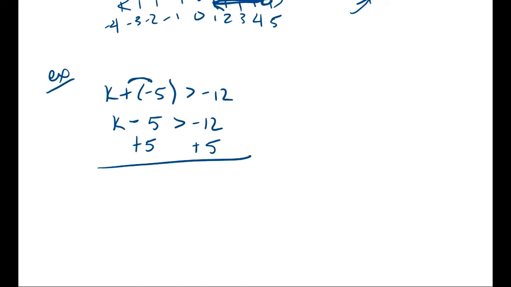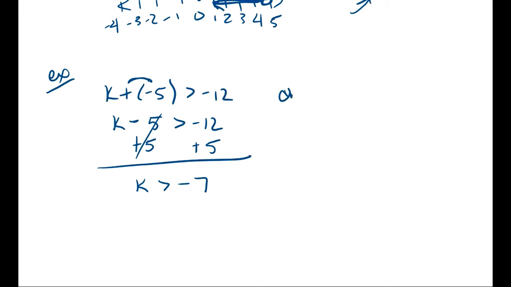So I need to add 5 to both sides of the inequality. And negative 12 plus 5 is negative 7. If you're still feeling a little bit uncertain about these positive and negative integers, make sure you have a large number line somewhere close or draw one at the top of your page so that you could find negative 12 and add 5 and find that you're at negative 7.